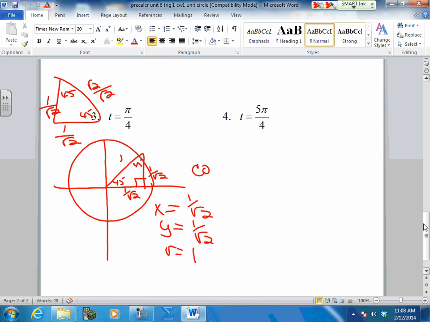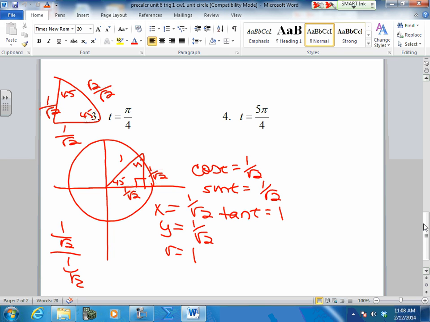So, the cosine of my angle is my x value. The sine of my angle is my y value. My tangent is y over x. What if I put 1 over radical 2 over 1 over radical 2? What is anything over itself? 1.